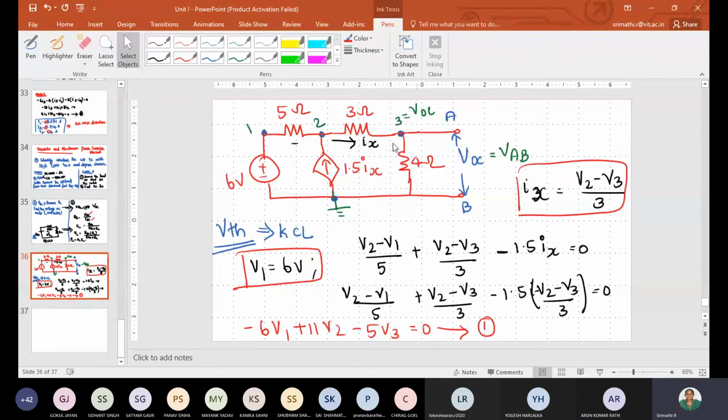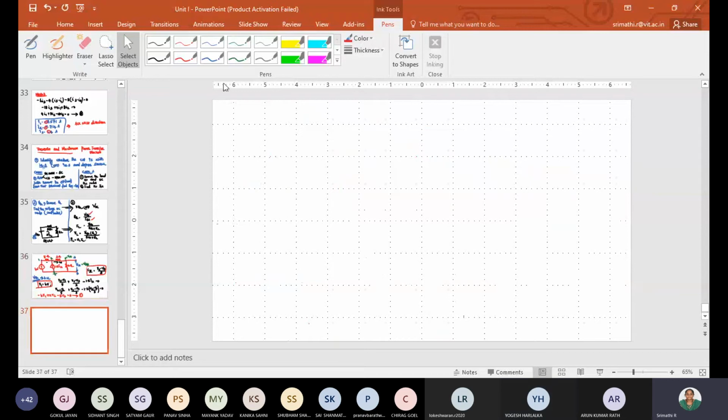What about the node 3 equation, VOC? How many elements are connected? 3 and 4. This is VOC by 4. This is (VOC minus V2) by 3. So VOC by 4 plus (VOC minus V2) by 3 is equal to 0.